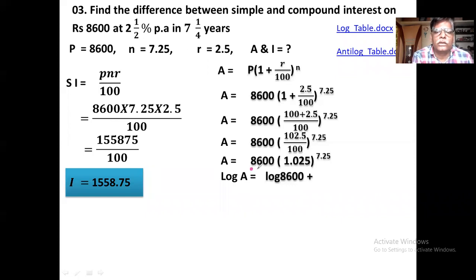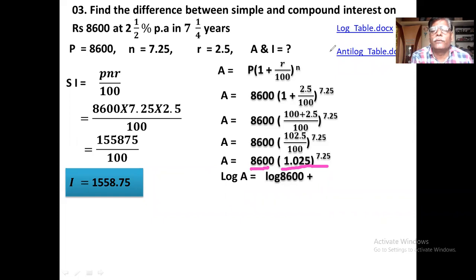This is one term. This is the second term. The first term is log 8,600. Then the second term is 1.025 raised to 7.25. This 7.25 will be multiplied with the log. Remember this. This 7.25 will be multiplied with this log.